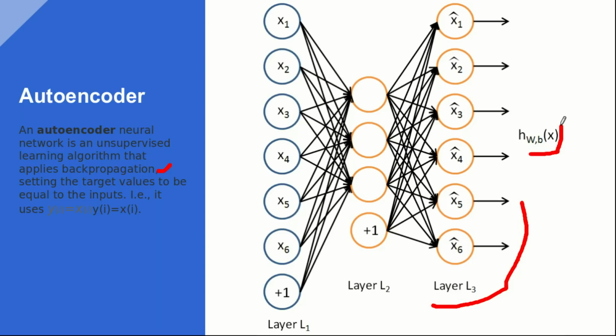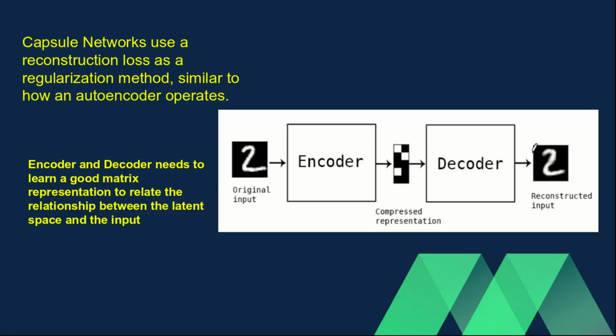So let's get to an analogy of the decoder with capsule networks. A capsule network outputs a vector to represent the existence of an entity. So we have an original input over here, then we feed it to our encoder, and then there is a compressed representation, then it is again fed to the decoder, and then the reconstructed output is shown. The orientation of the vector represents the properties of the entity.